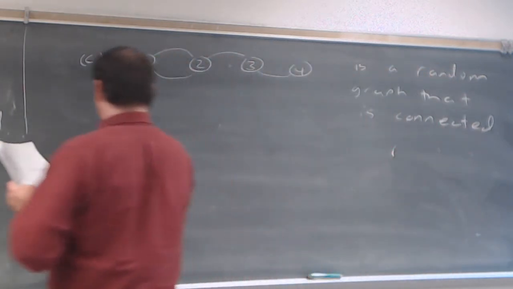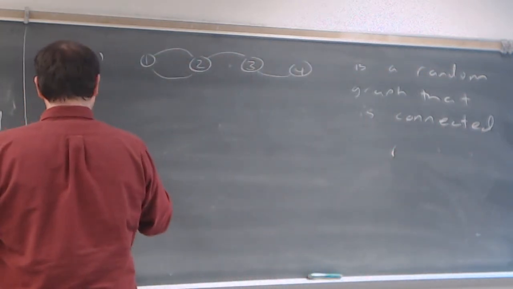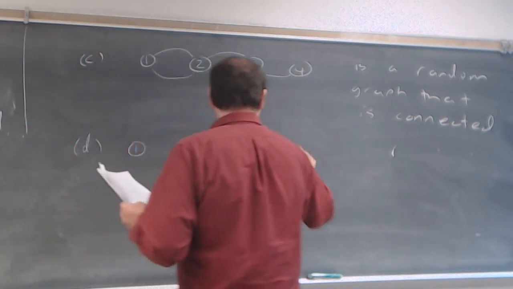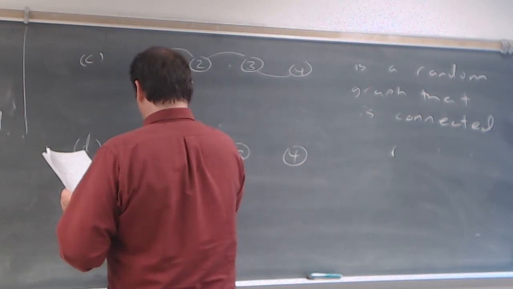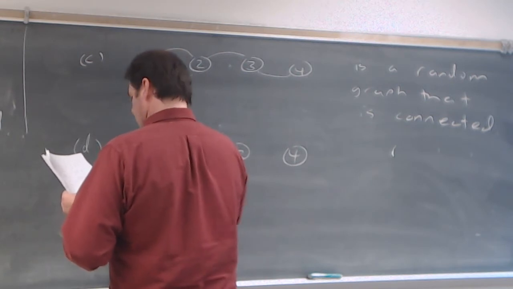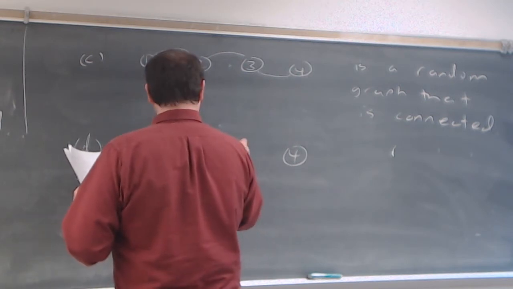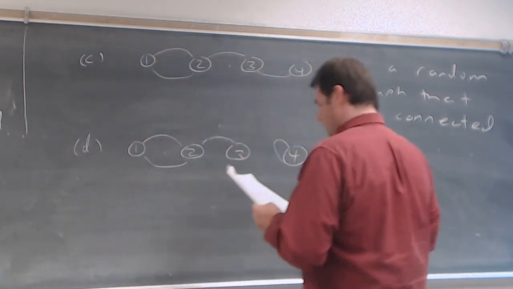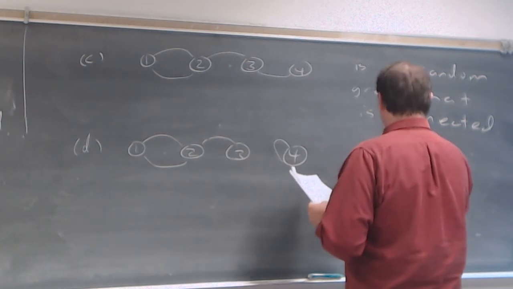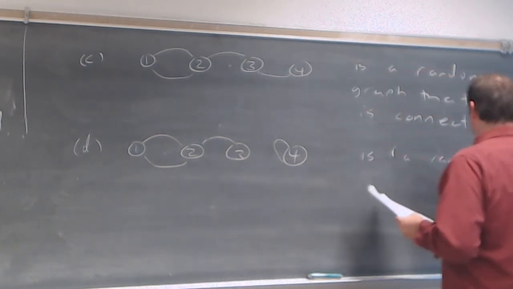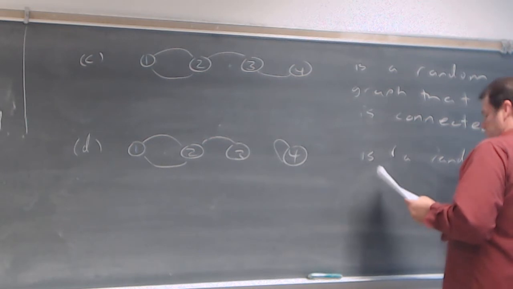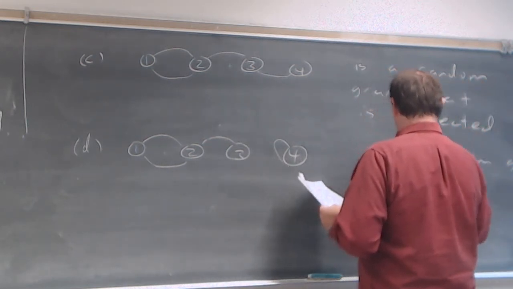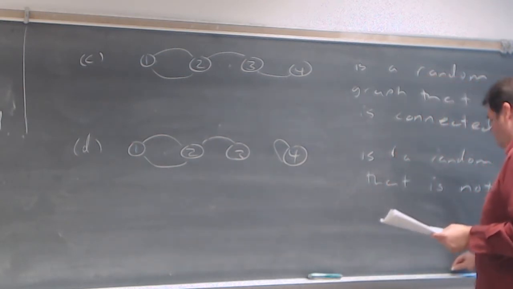And then a final example. We have 1, 2, 3, 4. We have 1 goes to 2, 2 goes to 1, 3 goes to 2, and then 4 goes to itself. This is a random graph that is not connected.